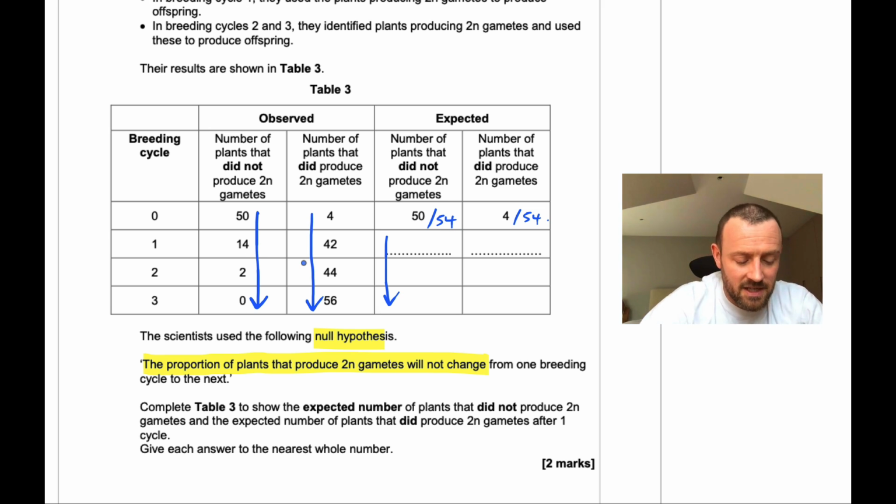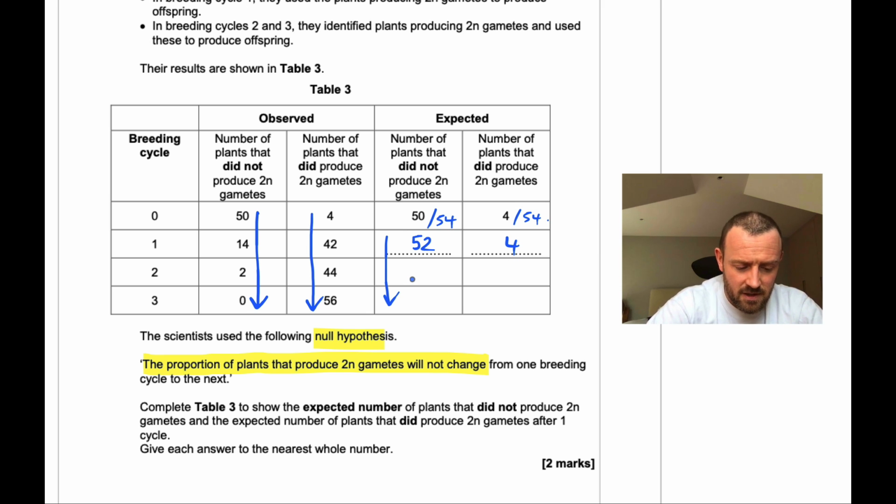So I need to do the maths. Gosh, this is annoying. 56 times 50 divided by 54. What is that? It's 51.8. I presume we round to the nearest whole number, so I guess that's 52. And if that's 52, remember this was 56, so that's going to be 4 there. We've got to keep this going, so the total number here is 46.